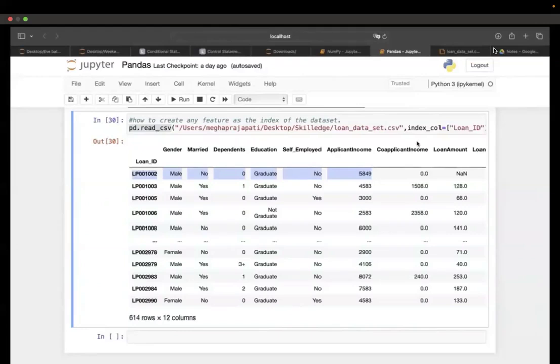Okay. Can we later retrieve the feature used as the index? Yes, we can reset the index as well. You will see that later. There is a possibility that we can reset the index once my job is done. We'll see that with time.